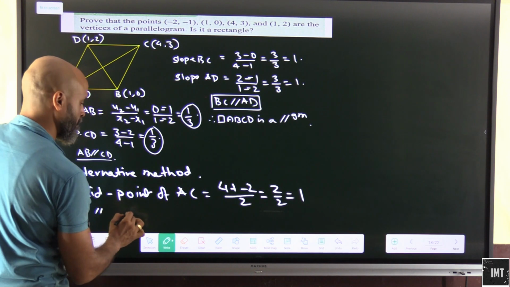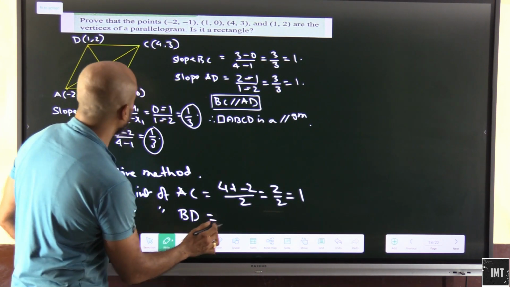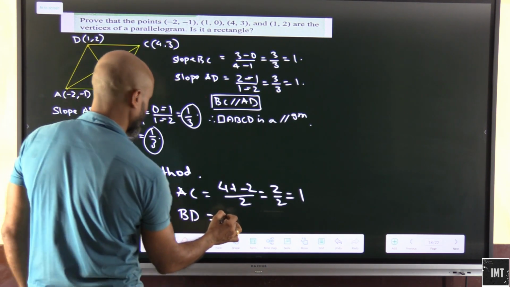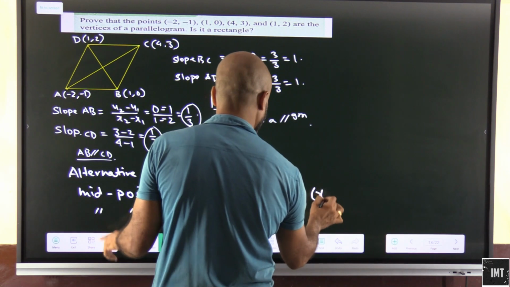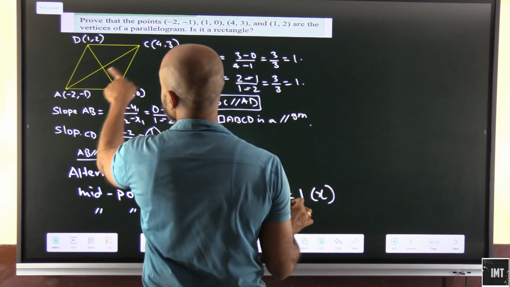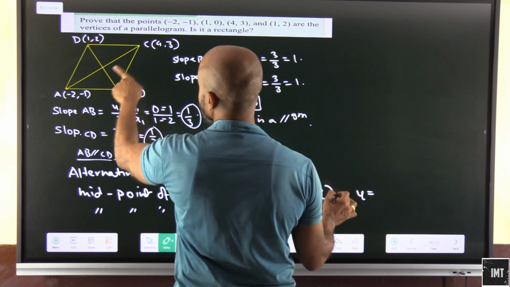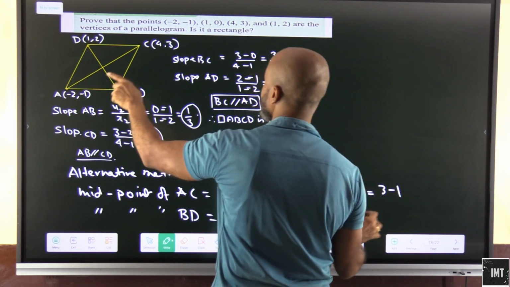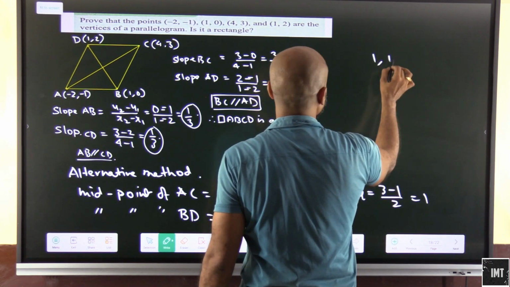In the same way, midpoint of BD, that will be how much? 1 plus 1. Okay, this will be the x coordinate. And what about the y coordinate? Y will be equal to 3 minus 1 upon 2, that is 1. So this is 1 and 1.